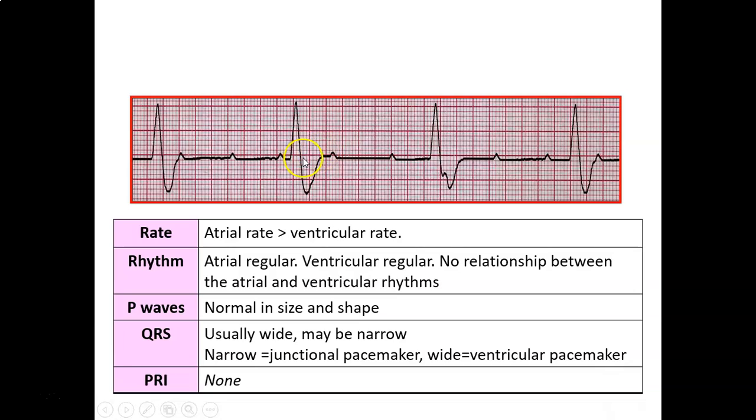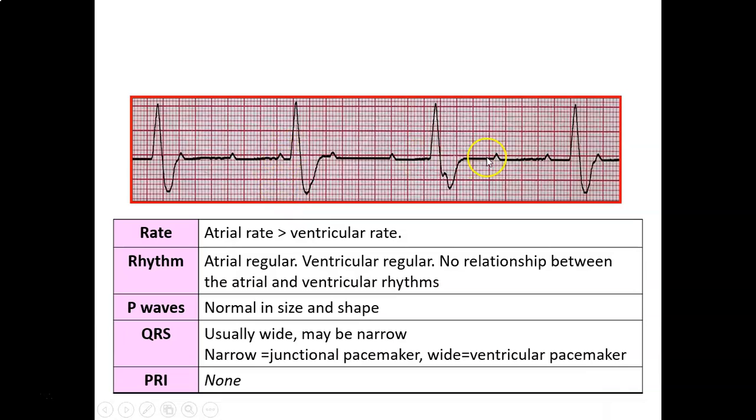Okay, so let's go through another rhythm strip. Here the rate is slow, even less than 40. Rhythm is regular. There are more P waves than QRS complexes, so it means maybe these extra P waves are not conducted.